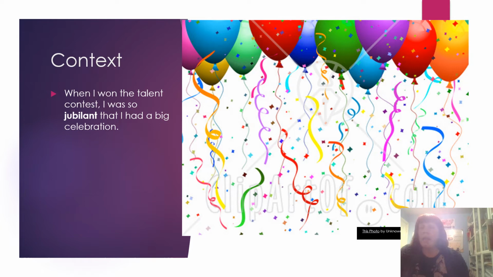Now, if you don't know what the word jubilant means, you could think about it being a celebration and a happy time, and that might make you decide that that word is about being happy. So sometimes you're working out the meaning of the word without really knowing if that's the true meaning, and that's part of developing your reading.